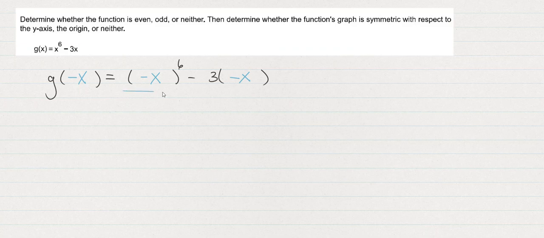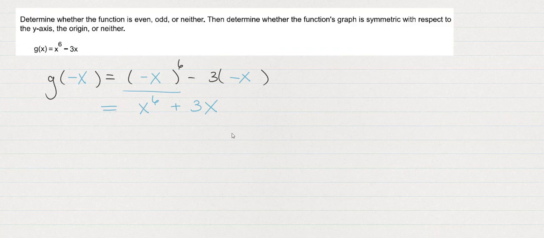And here we've got an even number of negatives, so it's still positive, and then negative times the opposite of x. So we have x to the 6th is still x to the 6th, but this negative 3 times the opposite of x is positive 3 times x.